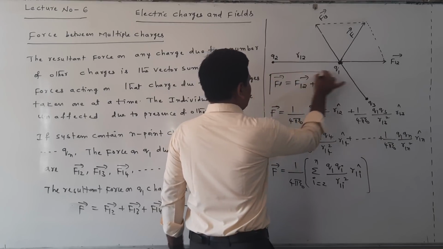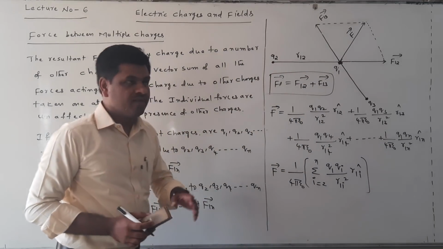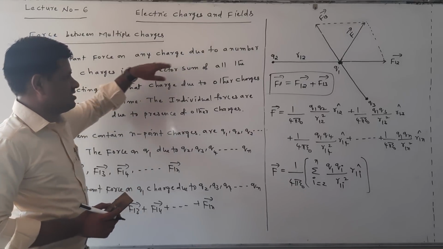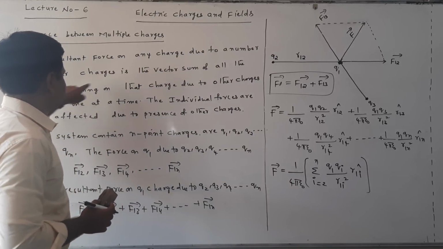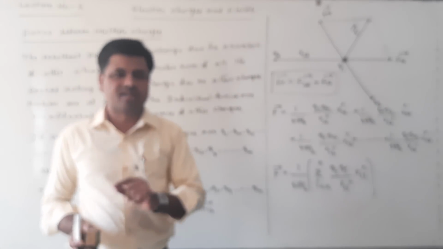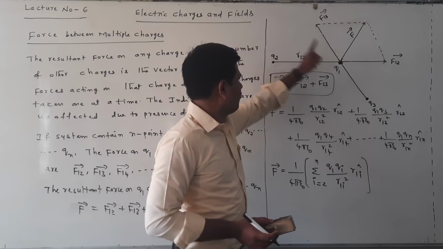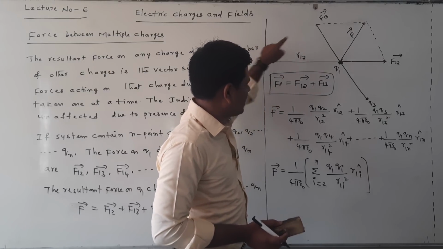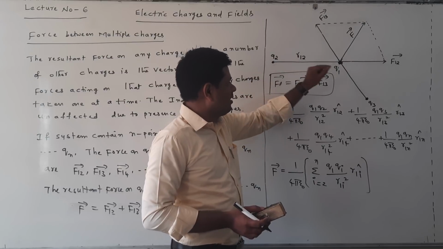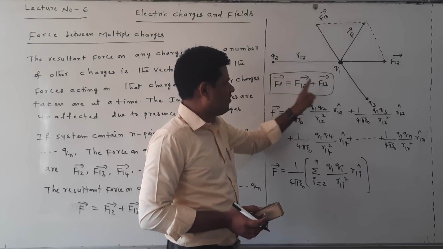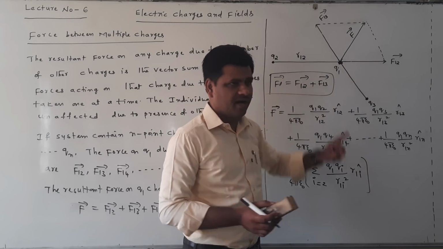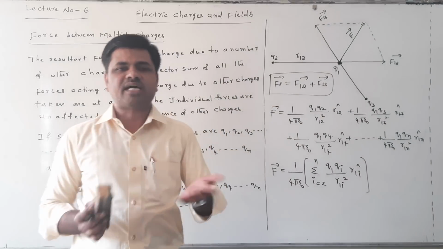The force acting on Q1 due to Q2 is F12 bar, and the force acting on Q1 due to Q3 is F13 bar. We add them; vector sum means adding them.